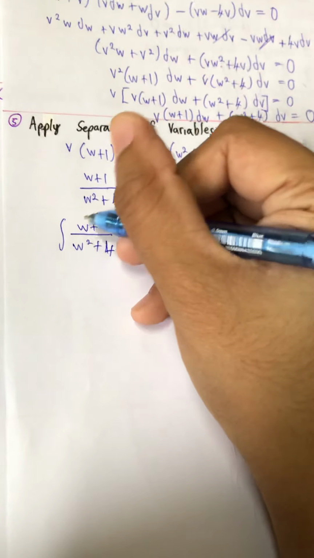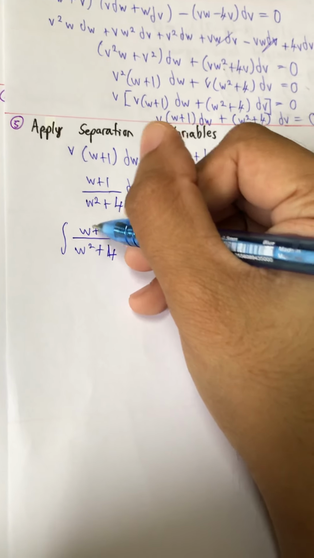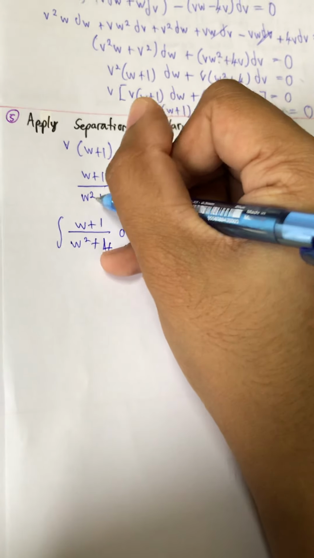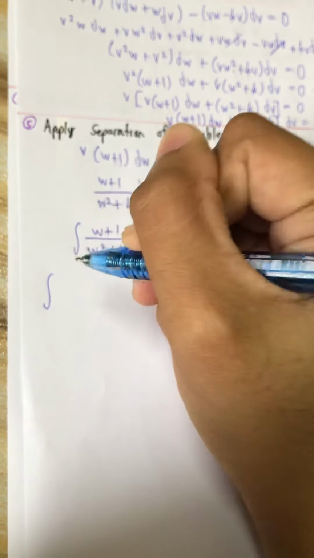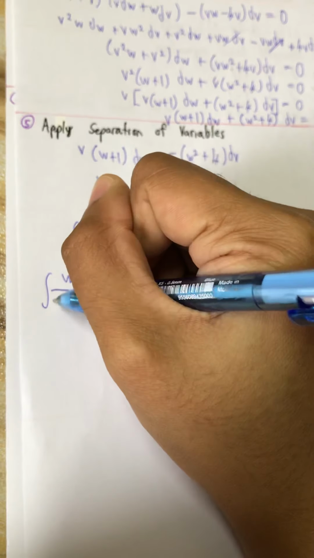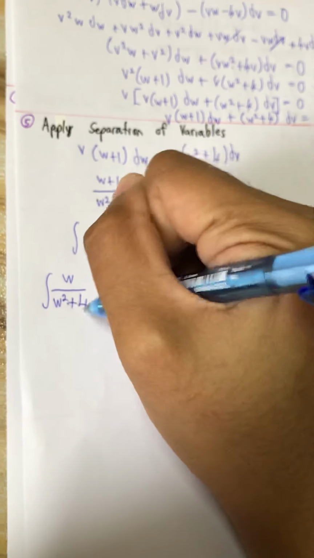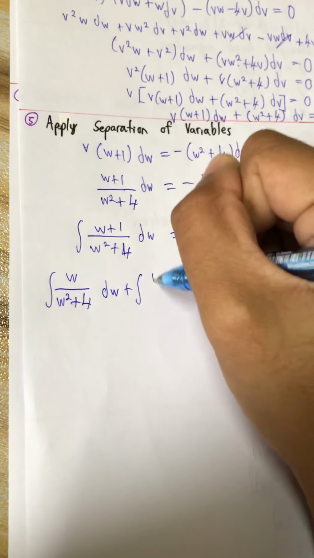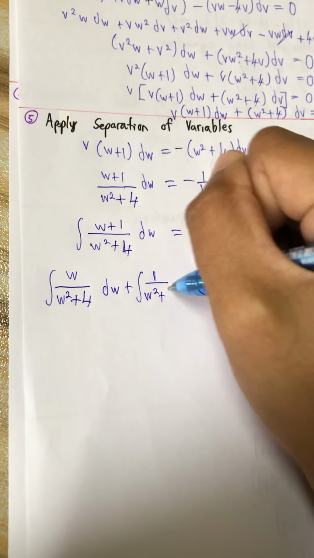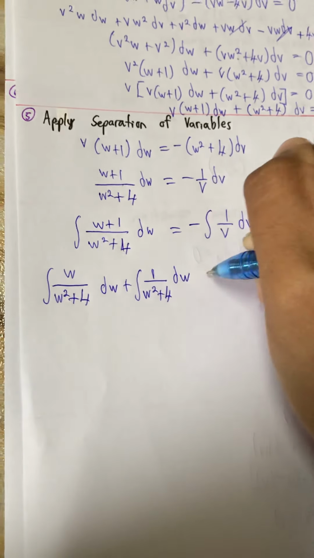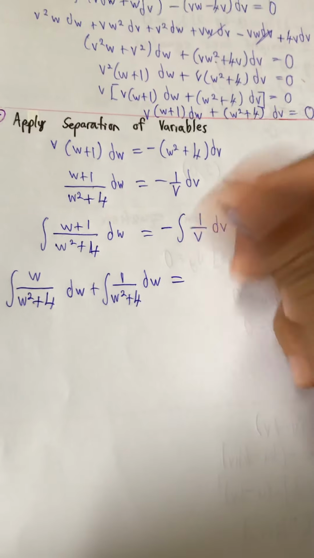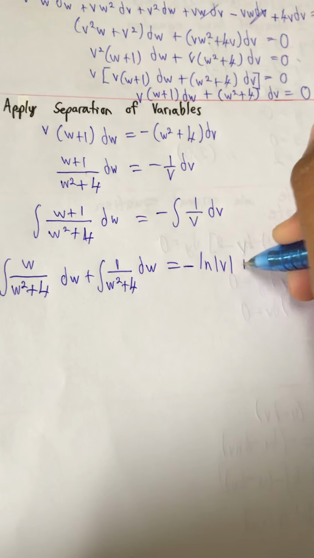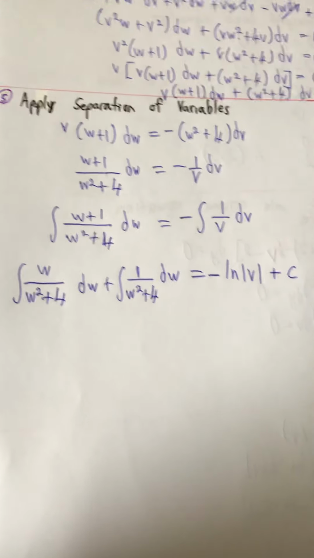Note that the above part is w plus 1, so we can separate the fraction into two parts. So it becomes the integration of w over (w square plus 4) dw plus the integration of 1 over (w square plus 4) dw equal to, this side we can integrate easily, negative ln v, and then don't forget the constant c.